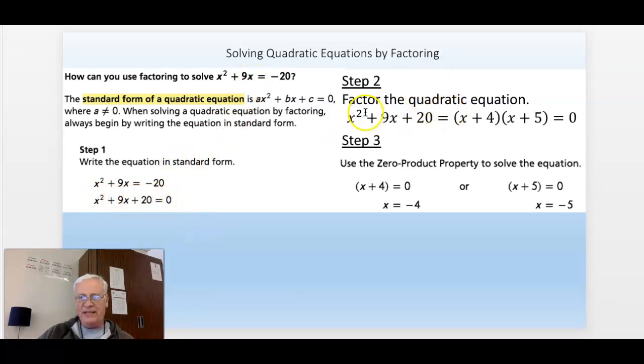Once you've got that, factor it: x squared plus 9x plus 20. Again, 4 times 5 is 20, and 4 plus 5 is 9. You set those equal to 0, and you can see that x has to be either negative 4 or negative 5. We've talked about that before.